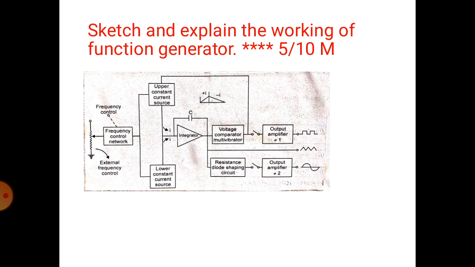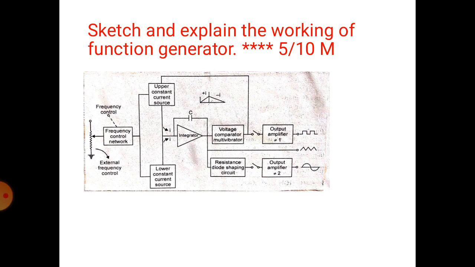The second question is: sketch and explain the working of function generator. The various blocks of the function generator are frequency control network, then upper constant current source, lower constant current source, and there is an integrator, then voltage comparator multivibrator, resistance diode shaping circuit, then output amplifier 1, then output amplifier 2.